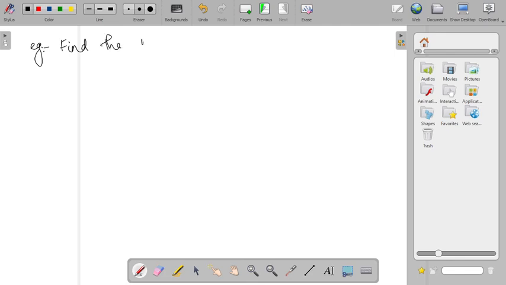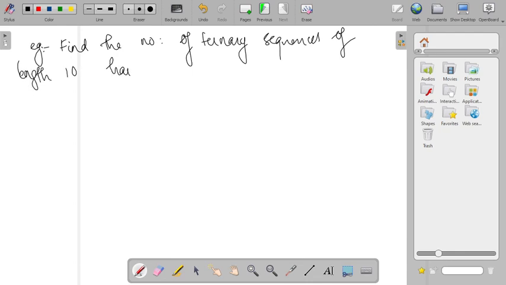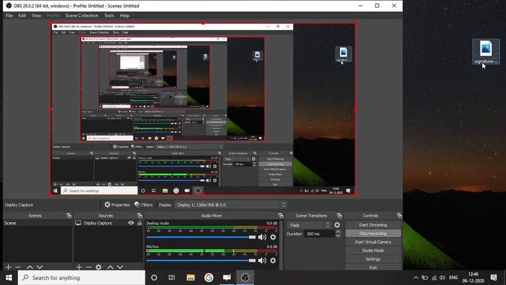So find the number of ternary sequences of length 10 having 2 zeros, 3 ones and 5 twos. So you need to form a ternary sequence. A ternary sequence is a sequence which is containing exactly 3 elements.